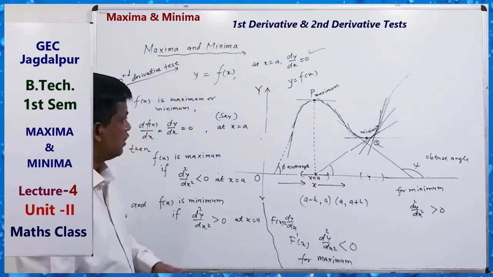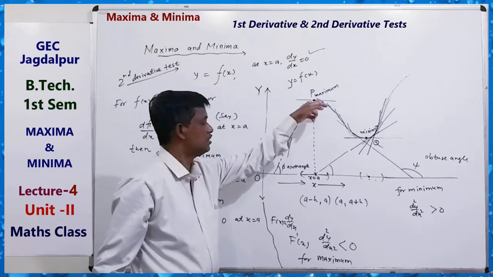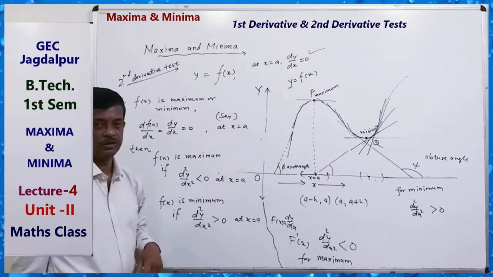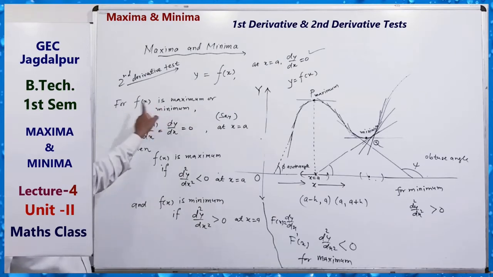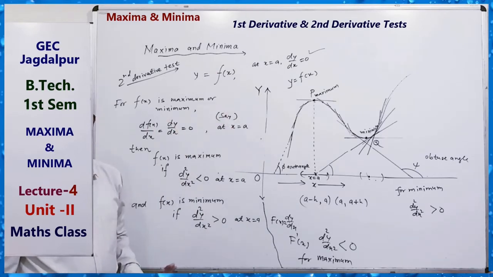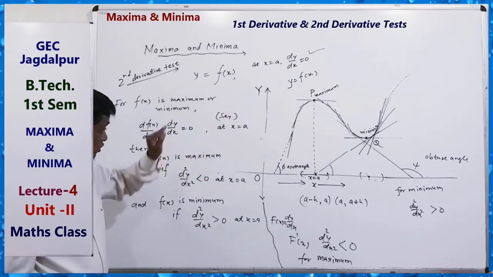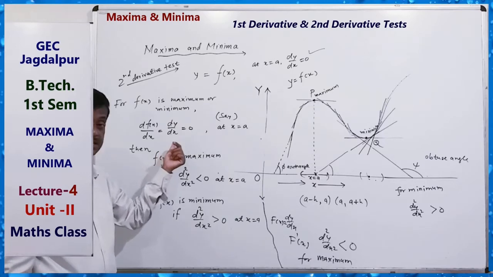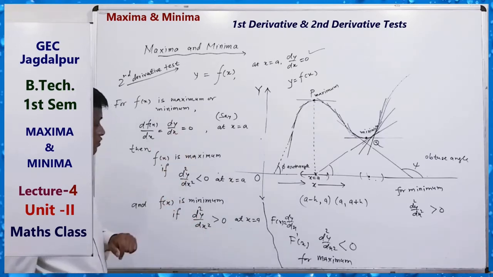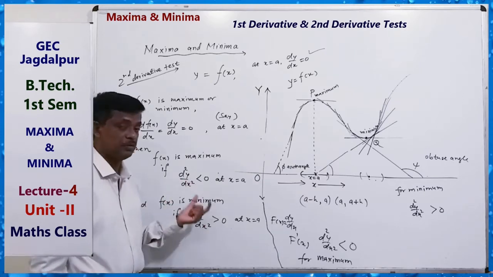Okay. Means if the derivative is 0 at the point x equal to a, for f(x) maximum or minimum, then at a, to decide whether it is maximum or minimum, you just have to find the second derivative.